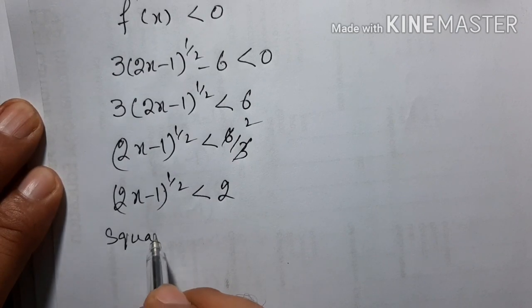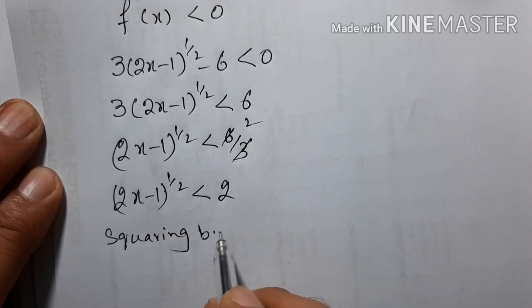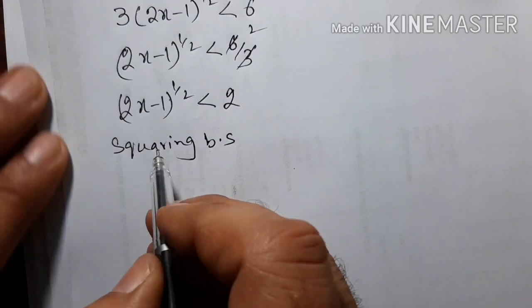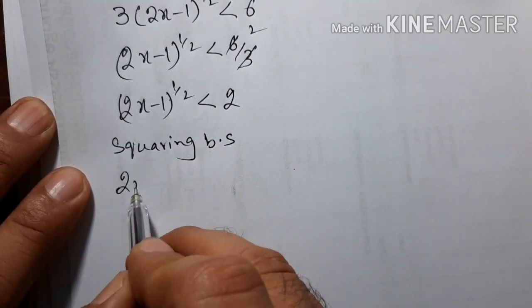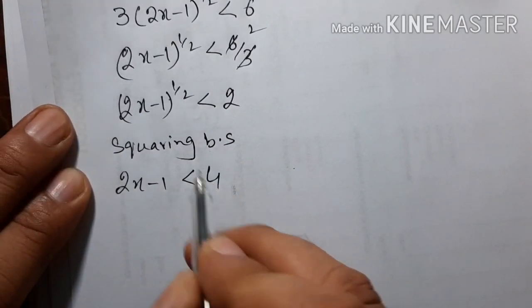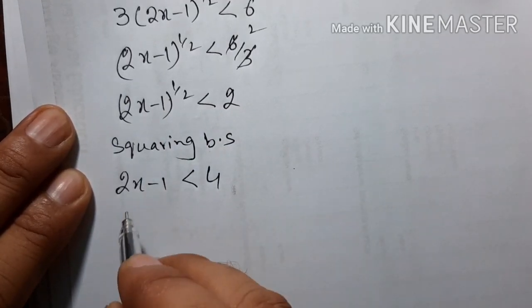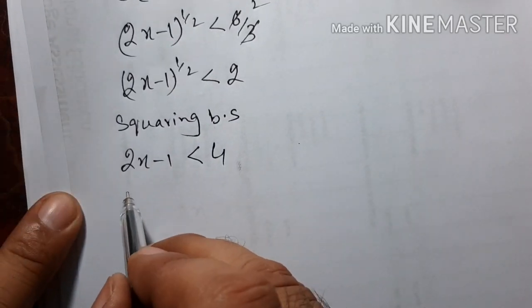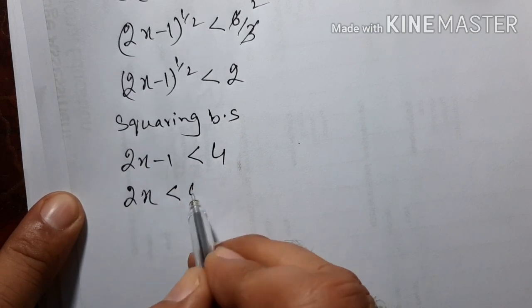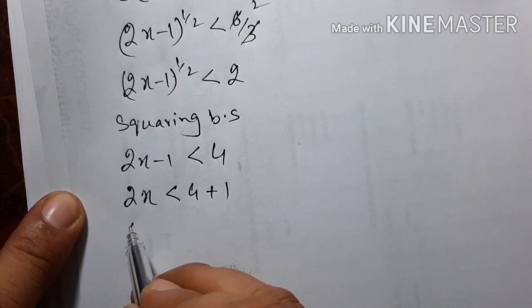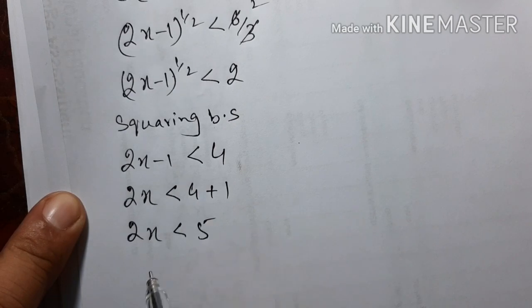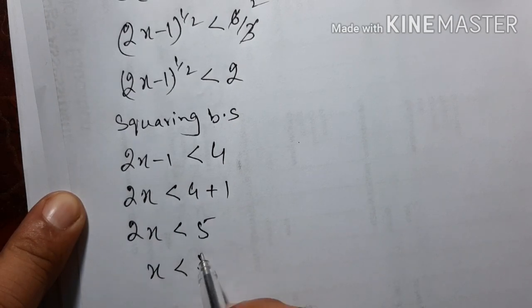Squaring both sides, it will become 2x minus 1 is less than 4, because the square root will cancel and this will be 4. So take 1 on the other side as well. So 2x is less than 4 plus 1. 2x is less than 5. x is less than 5 over 2.